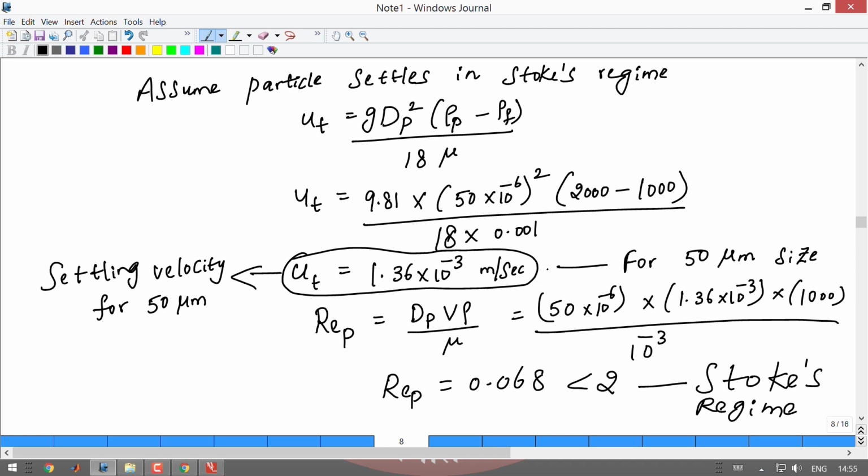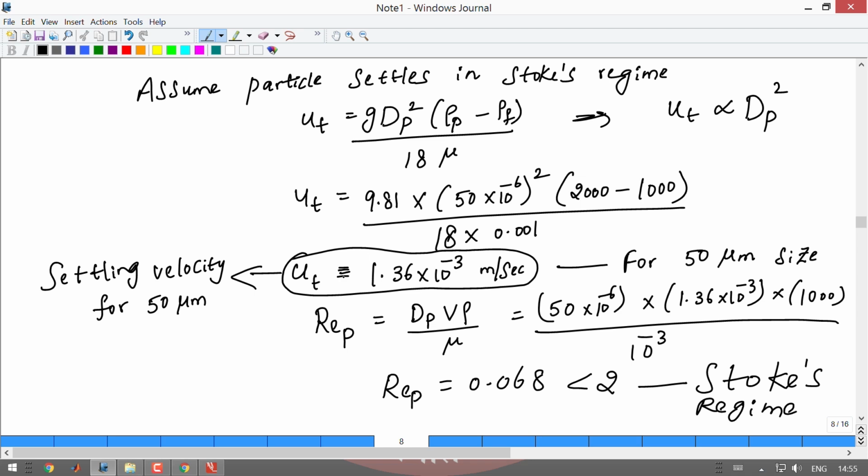micrometer particle. And if you see, the terminal velocity is directly proportional to the square of the particle diameter. So, the particles of diameter greater than 50 micrometers will have a settling velocity greater than the settling velocity of 50 micrometer particles.